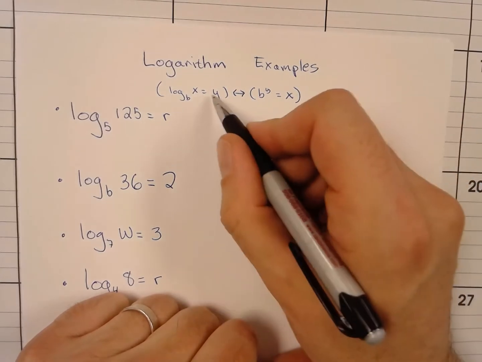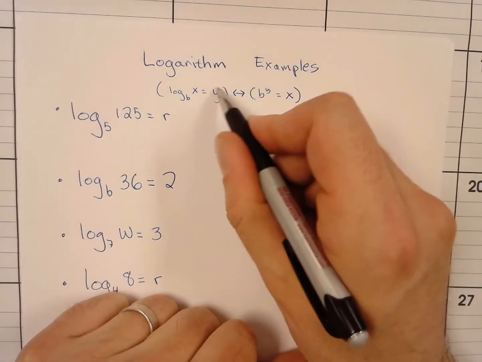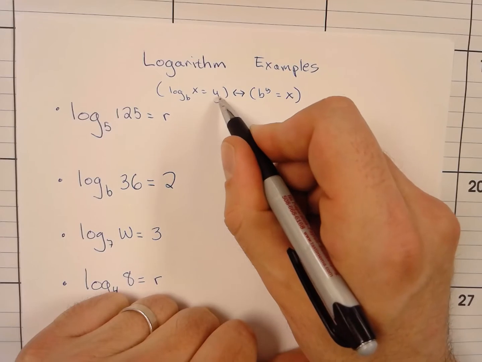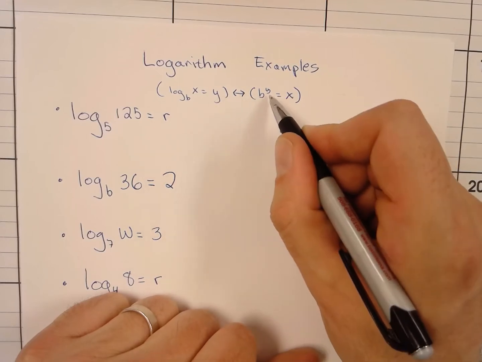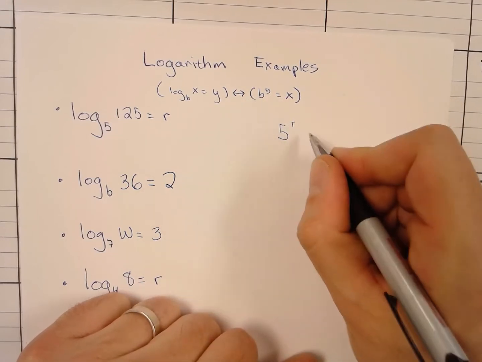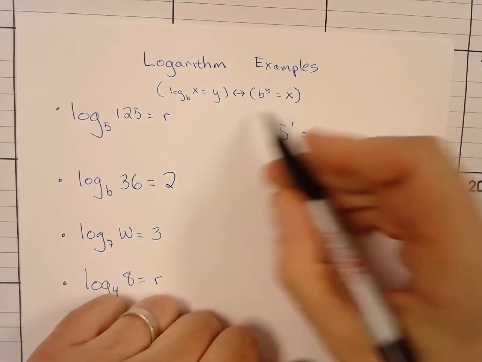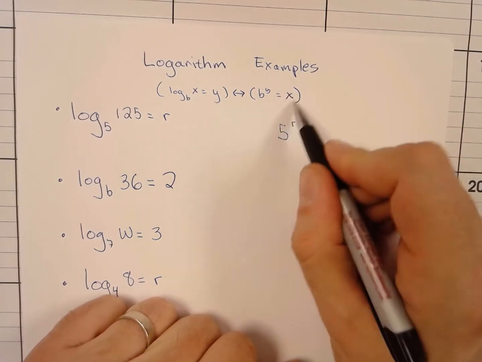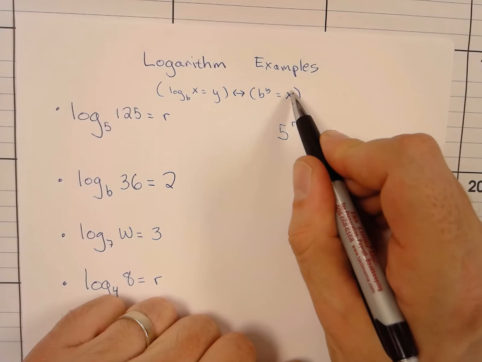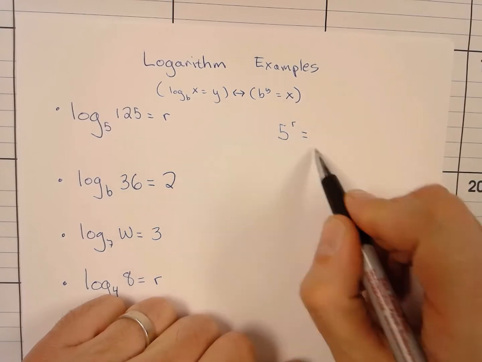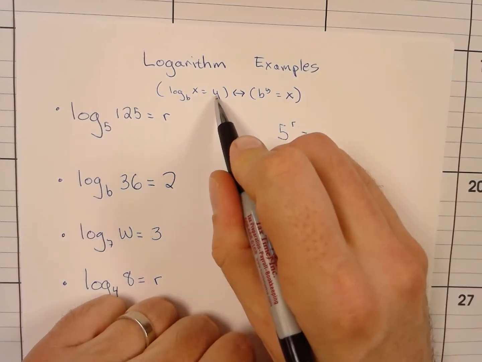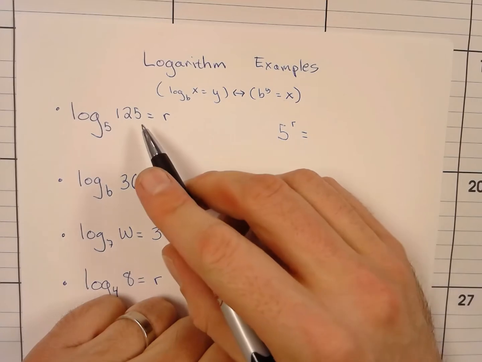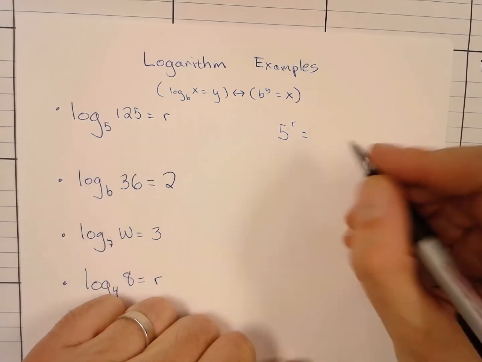The number at the end of the log expression on the other side of the equal sign, in exponential form, is the exponent. So r is the exponent. Then we have our equal sign in exponential form, and then the number at the end of the log is the answer in this form. So that is going to be 125.